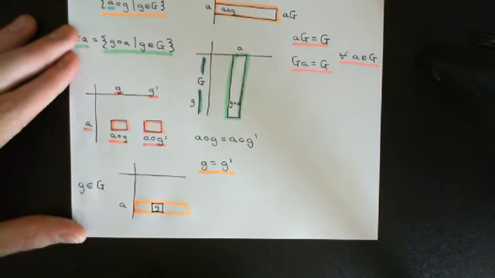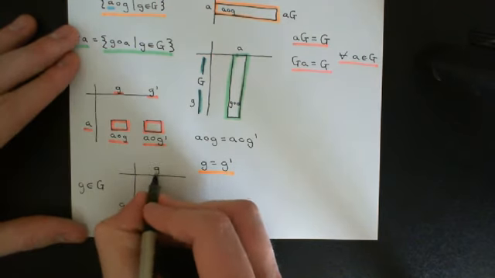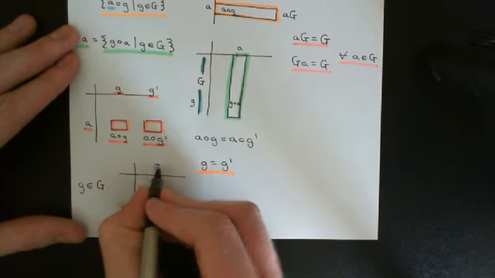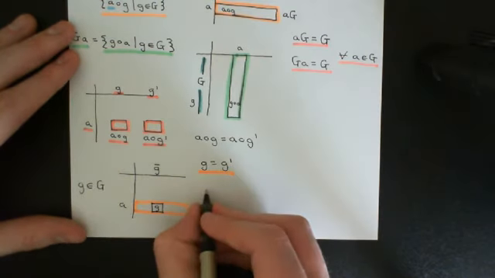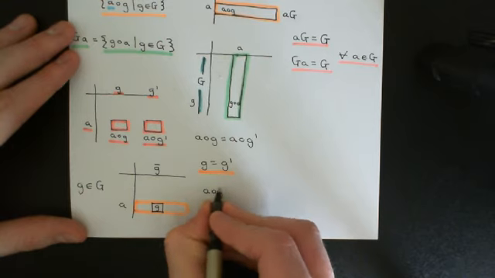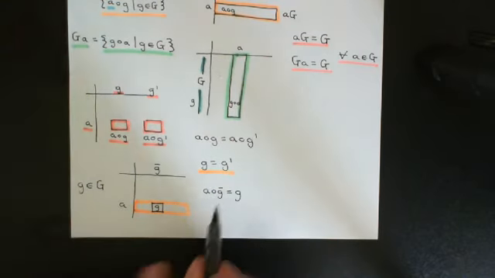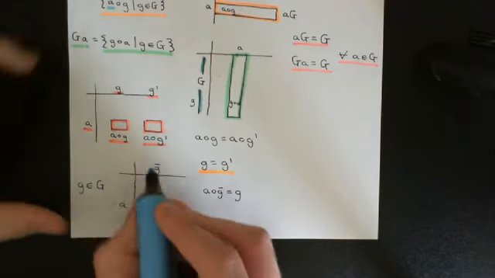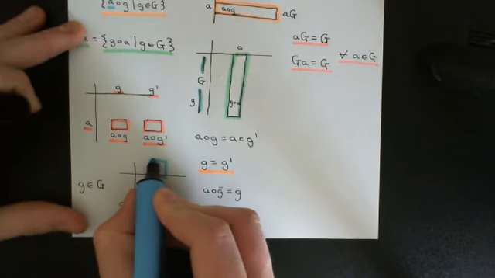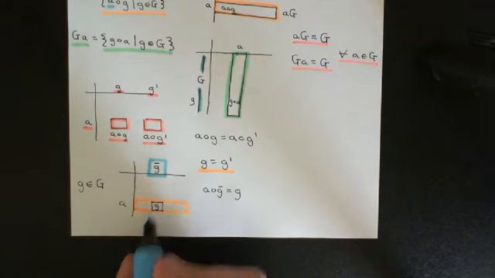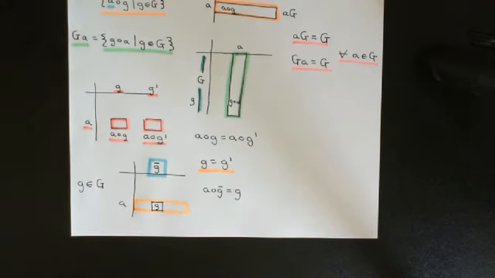What I would like to show is that there is some, let's call it little g bar, such that a composed with little g bar is equal to little g. That's what I need to do. I need to find you this little g bar to show that there is a little g in this row, basically.